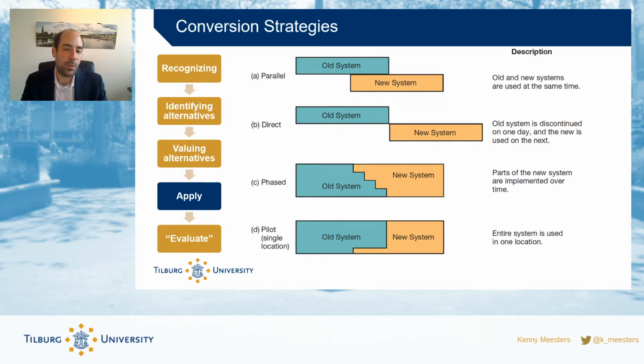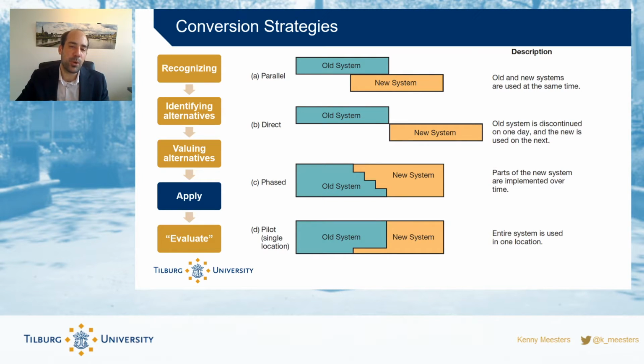The direct option, of course, eliminates that because you're only using one system at a time, but it does introduce a risk, as if the new system doesn't work out, you can't go back to the old system. Also, there'll probably be a productivity dip, because as all your users start using the new system, it will be new and they have to get used to it.